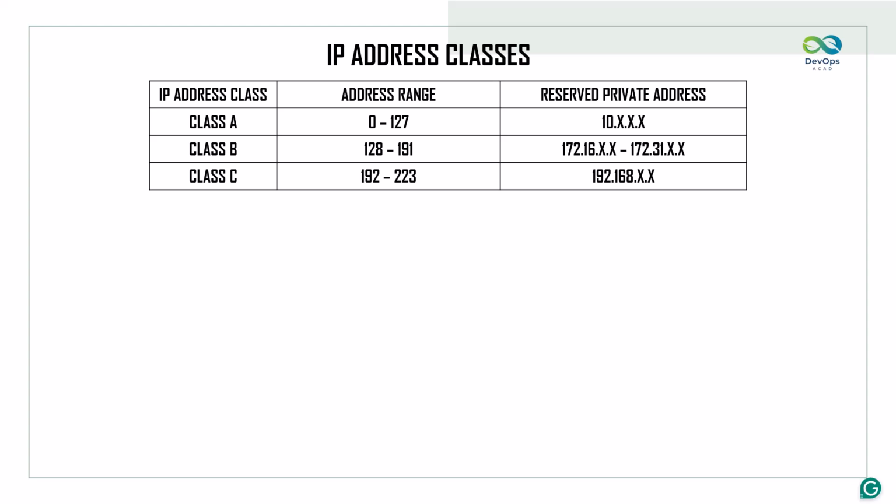Now, what again is the difference between a private and a public address? Another thing you can use to distinguish them is that public addresses are reachable from the internet. Which means if I have a public IP address, I can ping it and access it from anywhere. A private address is meant to be used locally, which means private addresses are not routable.